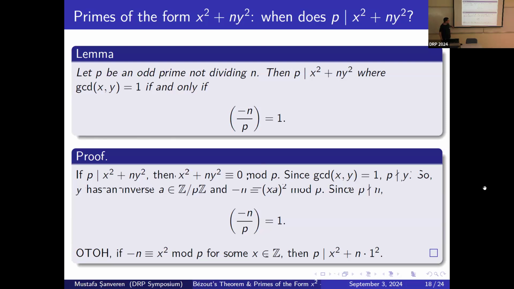So y has an inverse in the quotient, and negative n is equal to (x times the inverse of y) squared mod p. Since p also does not divide n, we have this equality. On the other hand, if negative n is equal to x squared mod p for some integer x, then p divides x squared plus n.